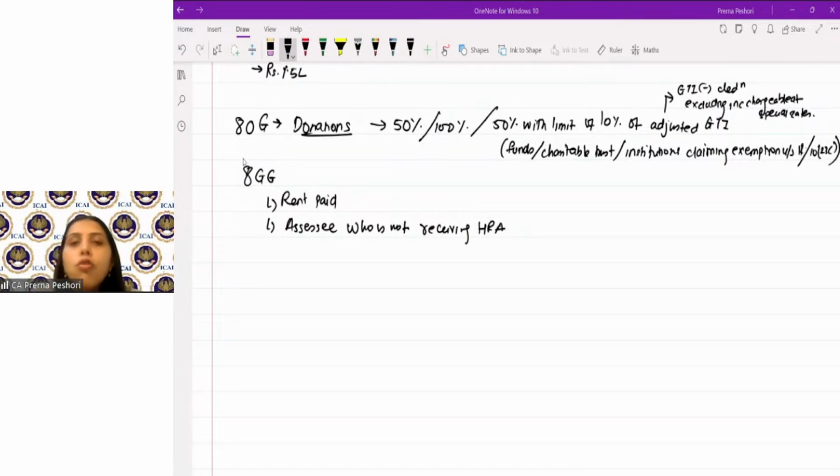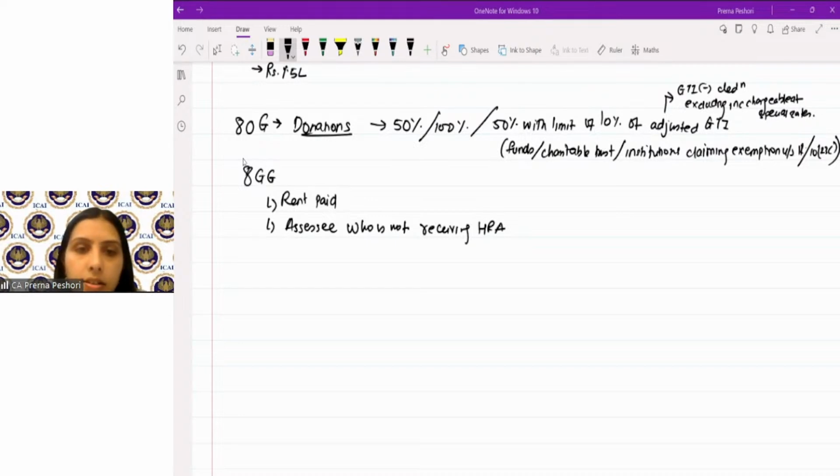So the assessee should not be receiving any HRA which is claimed exempt under 10(13A). The expenditure is incurred by him on the rent of any unfurnished or furnished accommodation, which should not exceed 10% of his total income.